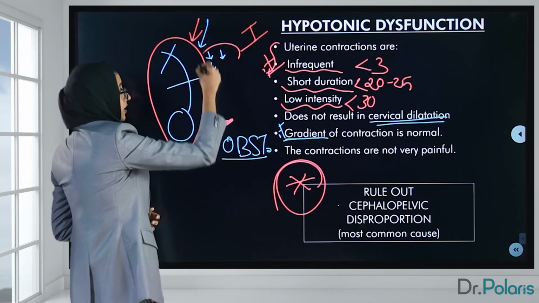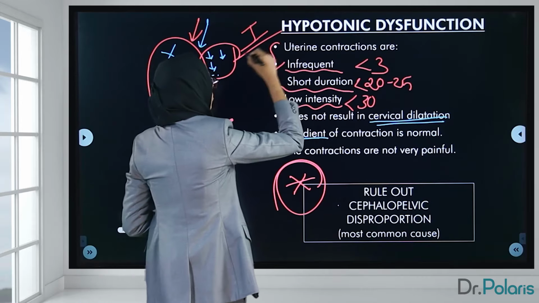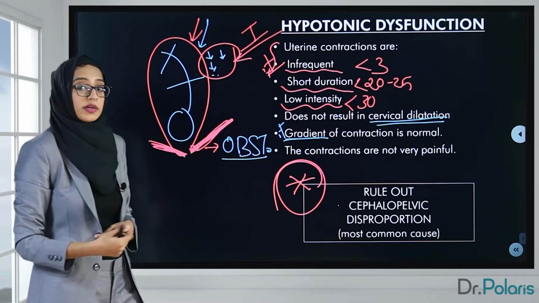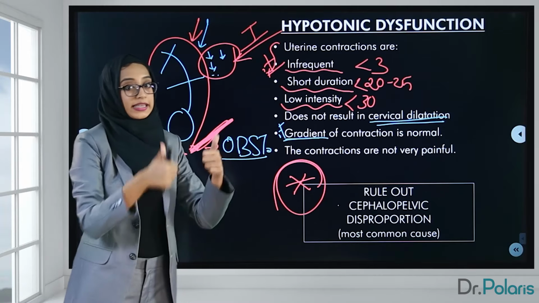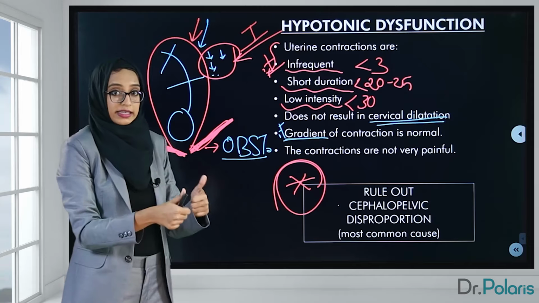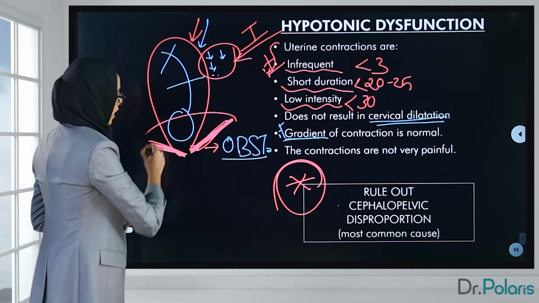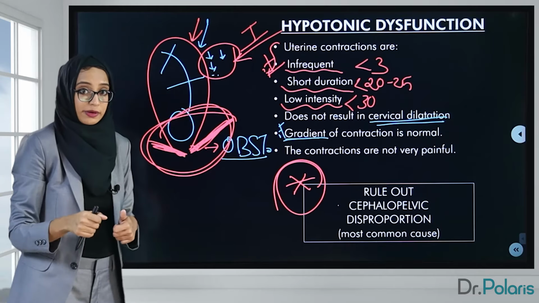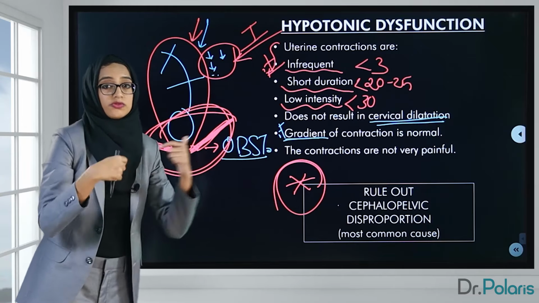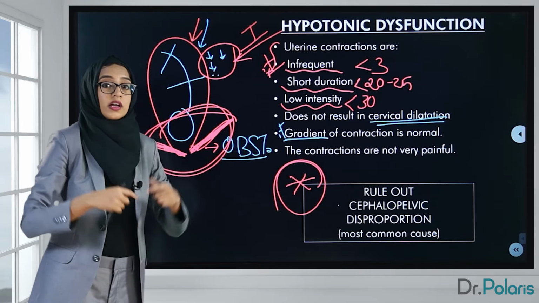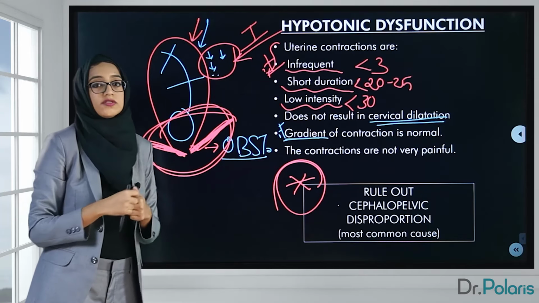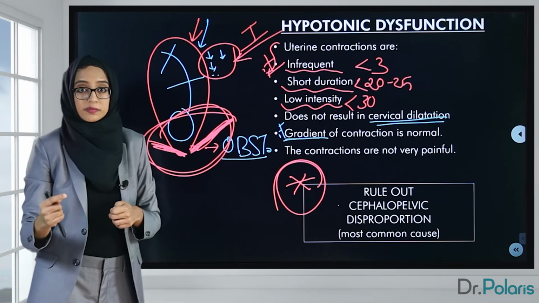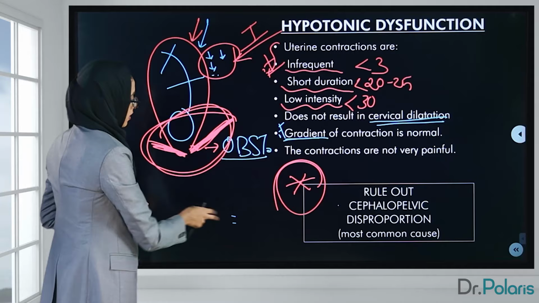So that is why when you have a hypotonic uterine dysfunction, you are going to think of trying to increase the uterine activity by medicating the patient. But before you medicate, you must rule this out, because if you medicate and she actually has CPD, you are going to cause an obstructed labor, or you're going to cause increase in the manifestations of CPD that is going to result in an even more difficult birth, whether it is an assisted birth or even a cesarean.